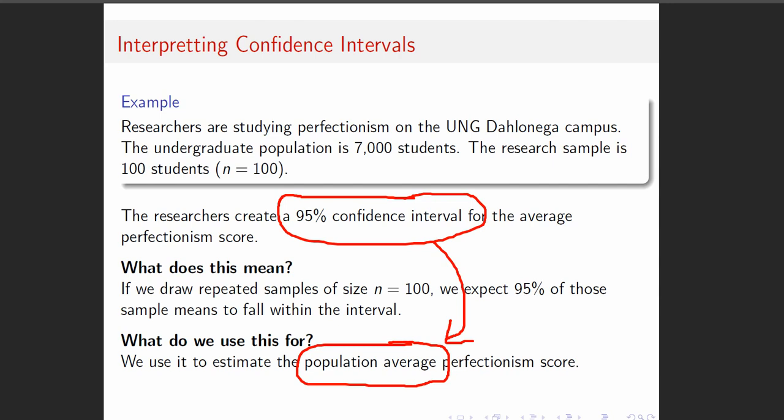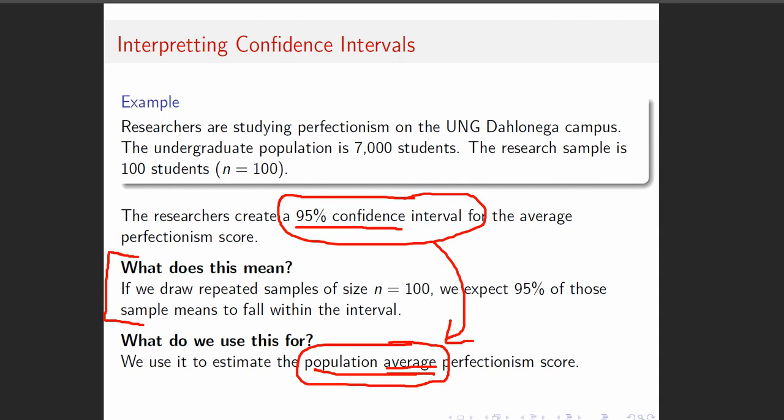This is why we're creating the 95% confidence interval. It's just that we're not 95% confident that the population average is actually in this interval. It's this that we're 95% confident of. Okay. Is it a good estimate? Yes. And approximately 95% of the time, the population average will be in there.